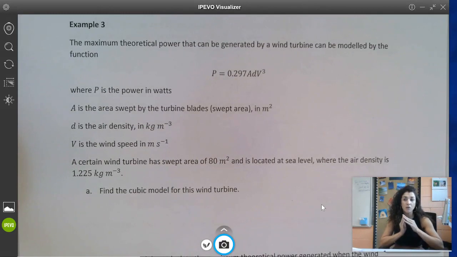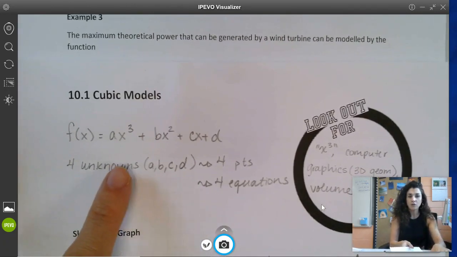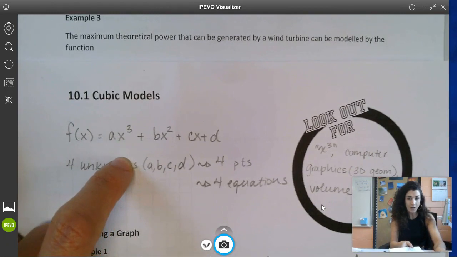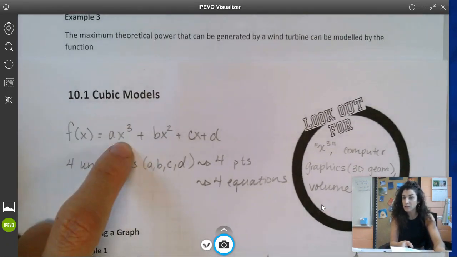A few things that we don't cover in this lesson that will be required to be known in regards to making a cubic model is plugging in points to make a system of equations. Remember from our first lesson that we talked about the breakdown of our unknowns. Now it's A, B, C, and D because we have an extra term that is an x cubed.